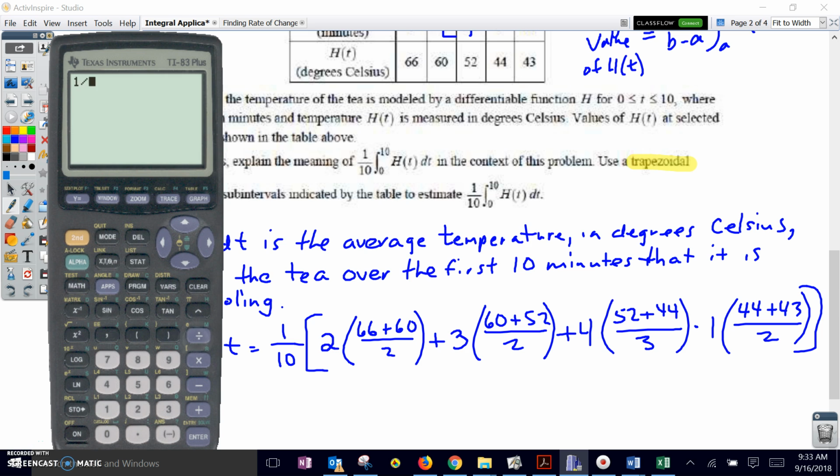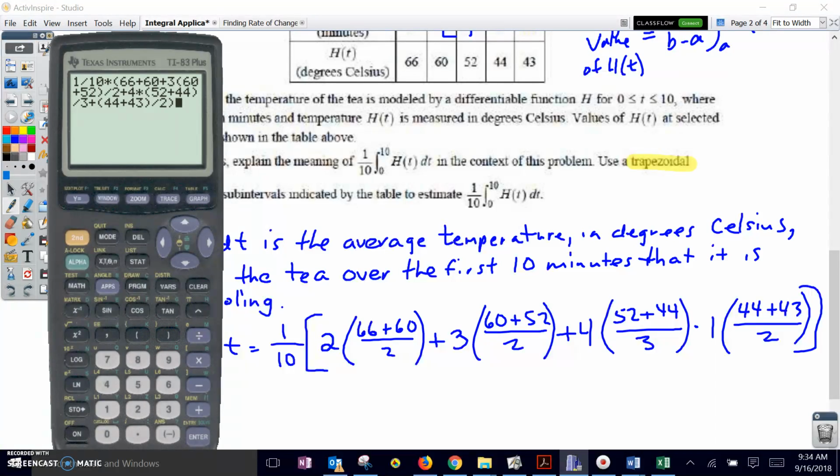And so I've got 1 over 10 times this quantity, 66 plus 60, because the 2's cancel out in that one, plus 3 times the quantity 60 plus 52 divided by 2, plus 4 times the quantity 52 plus 44 divided by 3, plus the quantity 44 plus 43 divided by 2.